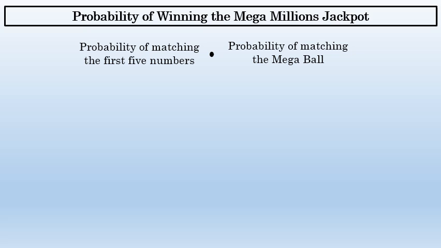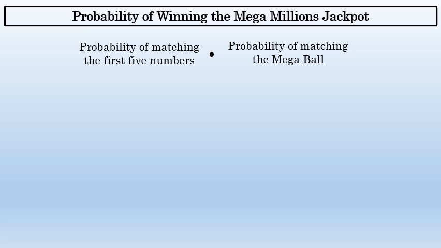So, if you buy a single ticket, what is the probability of your winning the jackpot? Well, to win the jackpot, you must match the first 5 numbers and match the mega ball. Therefore, your probability of winning the jackpot is the probability of matching those first 5 numbers times the probability of matching the mega ball.